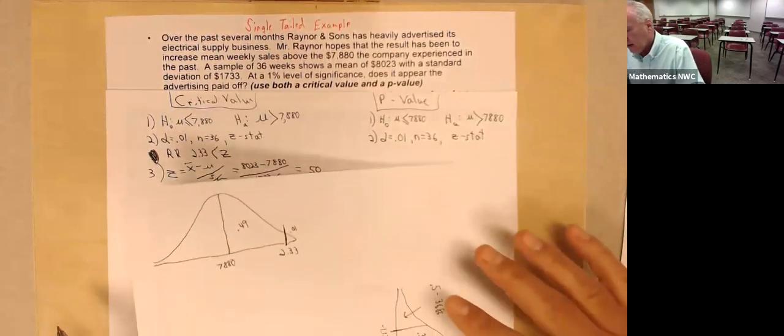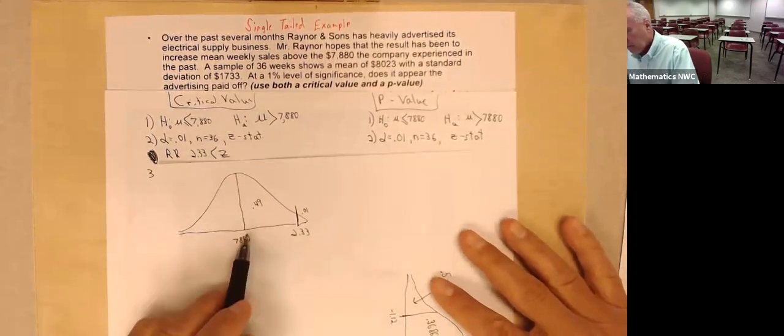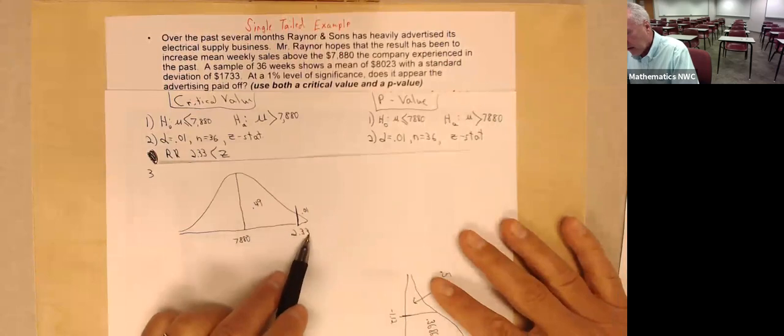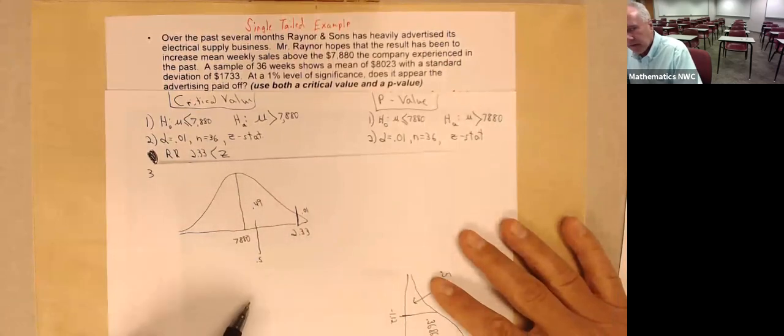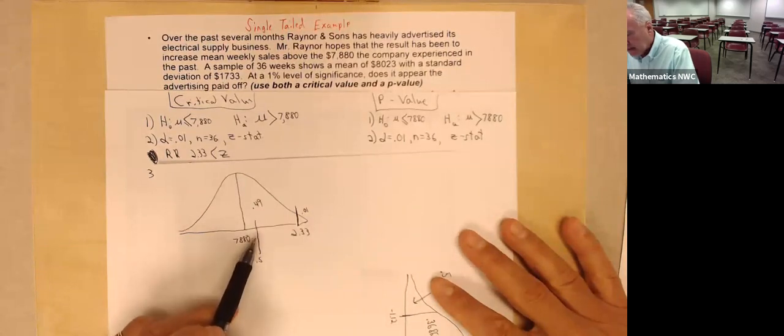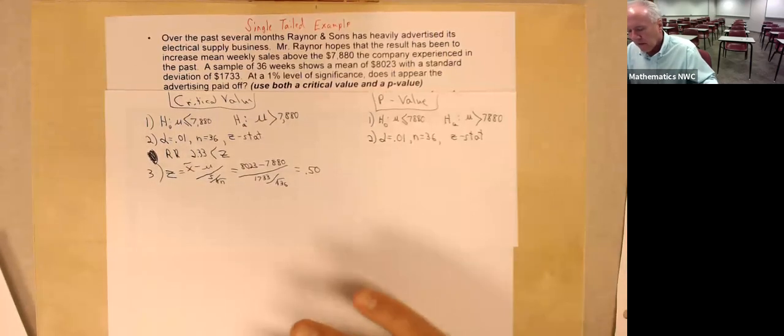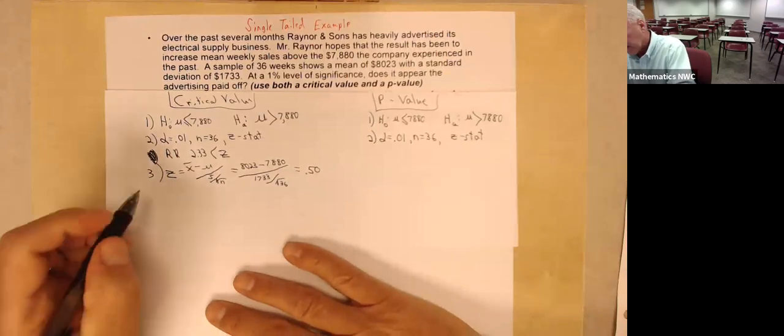Taking a look at our chart again, 0.5 is not going to be over the line. 0.5 is about right here. It's within reasonable variance. It would be insufficient evidence for me to doubt that. So that becomes my conclusion.